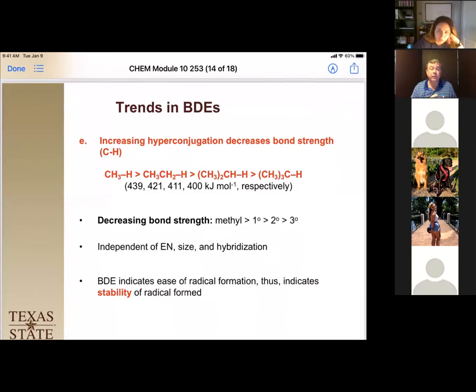So our methyl is stronger than our primary, which is stronger than our secondary, and is stronger than our tertiary. This doesn't matter about the electronegativity, size, or hybridization. It's all about the idea that just like in a carbocation, the adjacent hydrogen-carbon bond can through space interact to stabilize that radical.